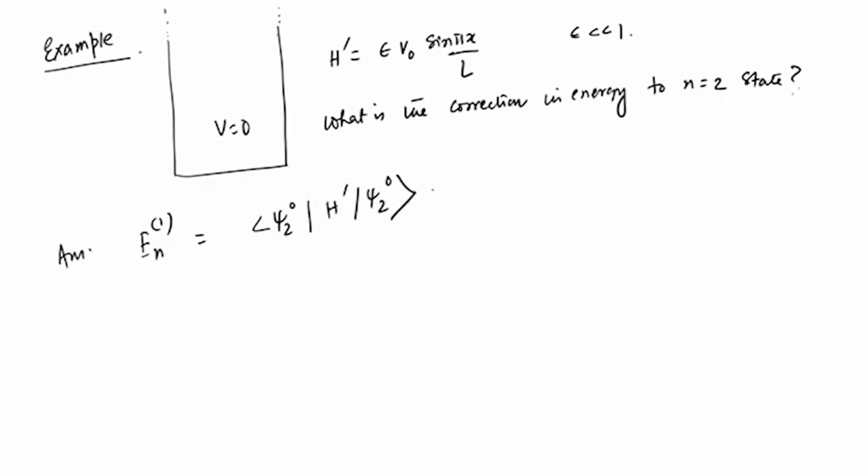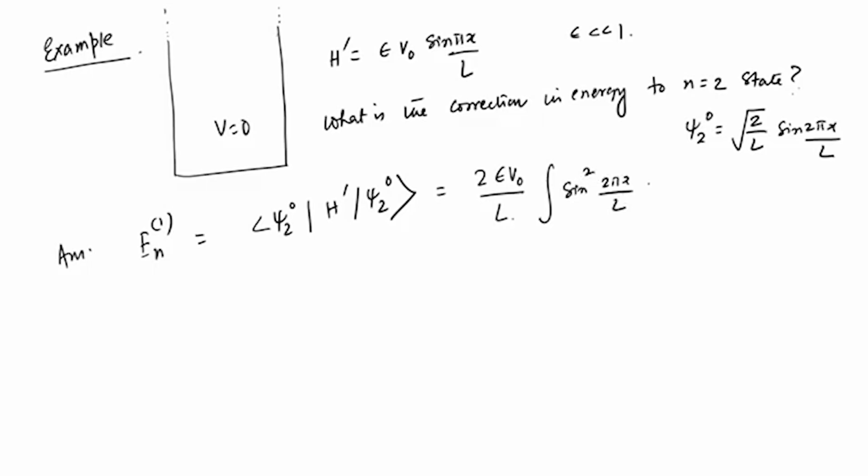We will use the n equal to 2 state as root 2 by L sine 2 pi x over L. So, we get 2 epsilon V 0 divided by L, and then we have sine square 2 pi x over L, and a sine pi x over L, integrated over dx from 0 to L.